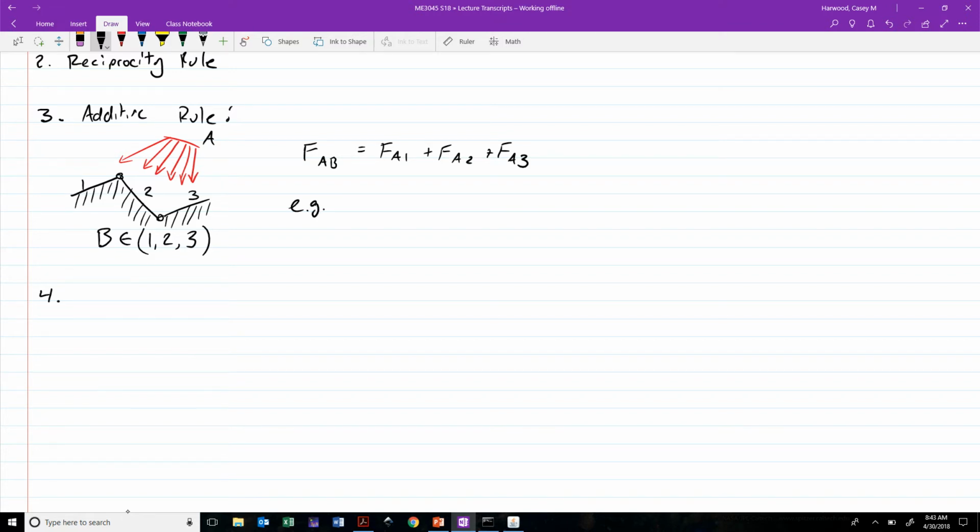For example, if F_A1 was equal to 0.1, F_A2 was equal to 0.25, and F_A3 was equal to 0.2, then the view factor from A to B would be the sum of these three numbers, which is 0.55. Unlike the summation rule, this doesn't say anything about summing to 1. It just says that if you split the surface up into pieces, those pieces sum together.